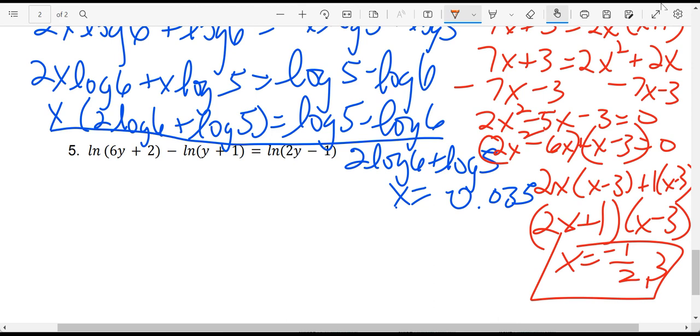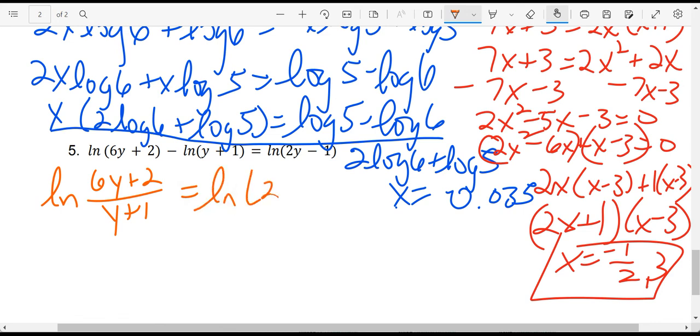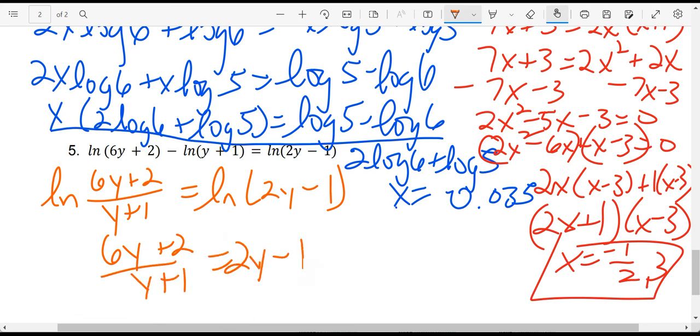Our last problem here is a little twist to this one. So we get one logarithm, so ln of 6y plus 2 over y plus 1. And the other side stays the same. And we have ln by itself, so we need to set what's here equal to each other, right? 6y plus 2 over y plus 1 is 2y minus 1.